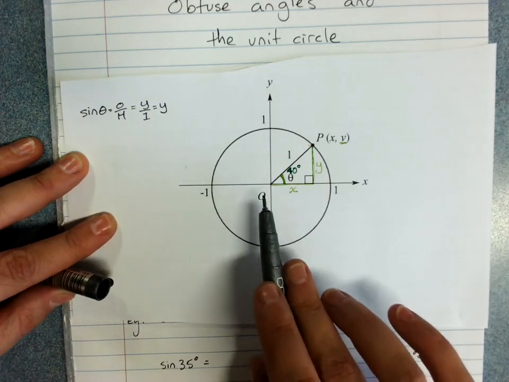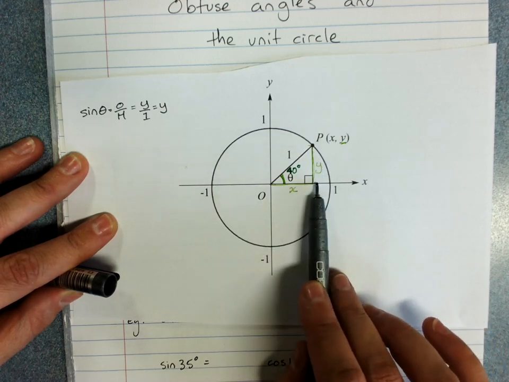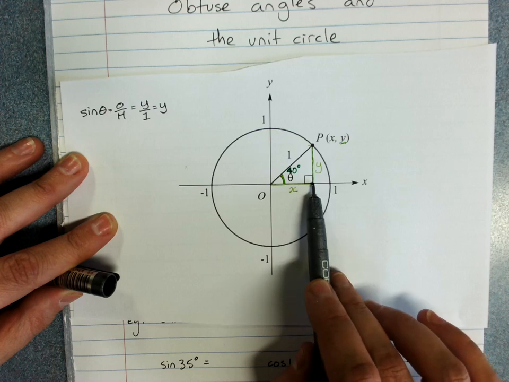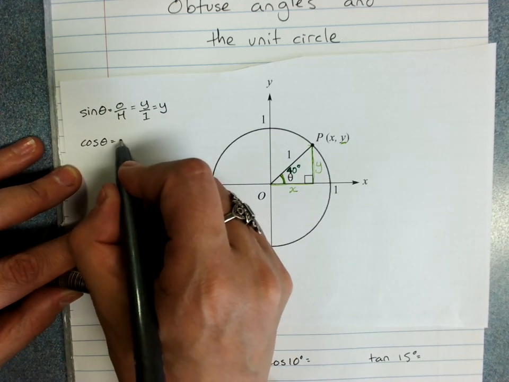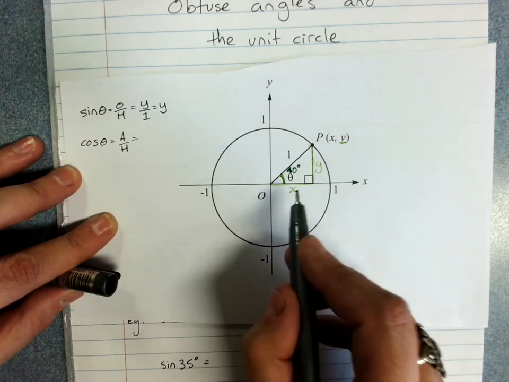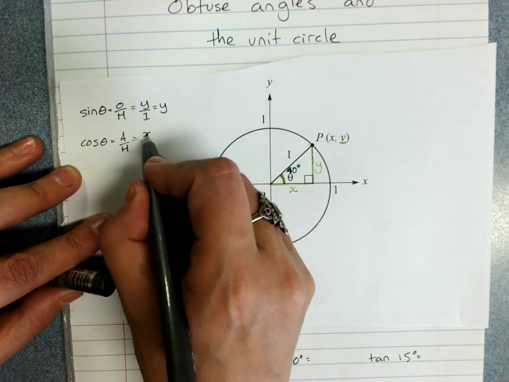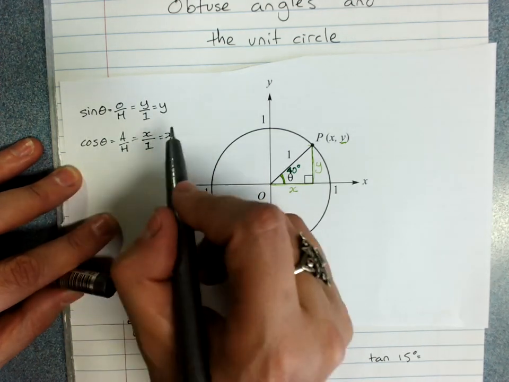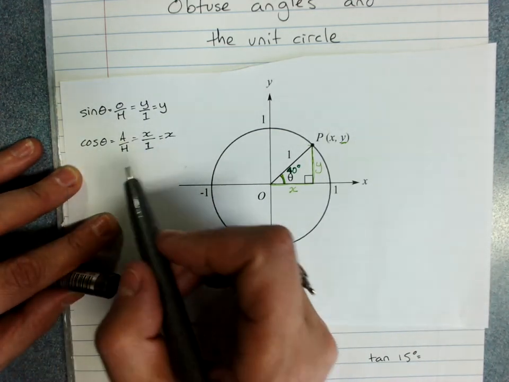So sine of the angle for a unit circle has the value y. This is sine. Cos of the angle is adjacent over hypotenuse. Here our adjacent is x, hypotenuse is 1. So I've got x over 1, which is x. So cos theta is x, sine theta is y.